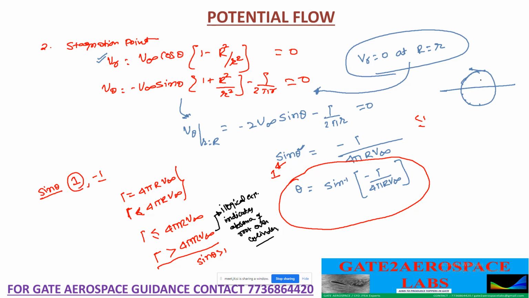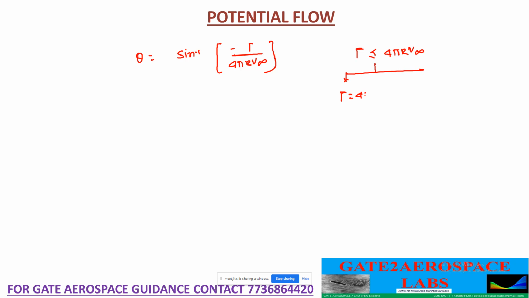The root may lie either inside the cylinder, which is not possible since it is a solid body, or outside the cylinder, but not on its surface. For this course, we are interested in the logical part, where the root lies on the surface of the cylinder. So we'll consider the case when strength of vortex is less than or equal to 4 pi r V infinity.